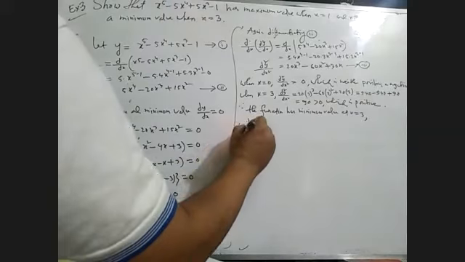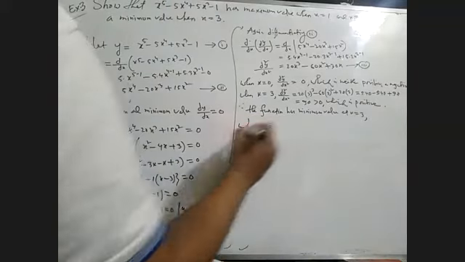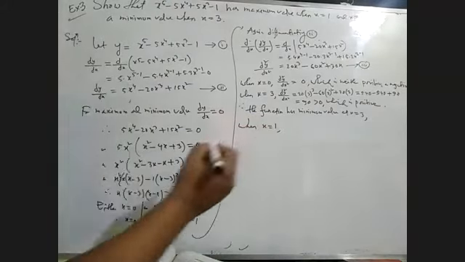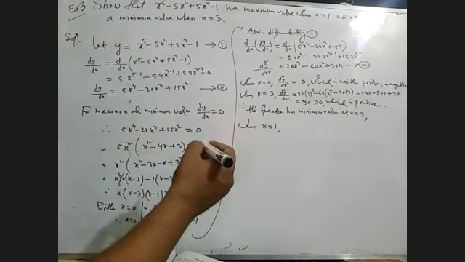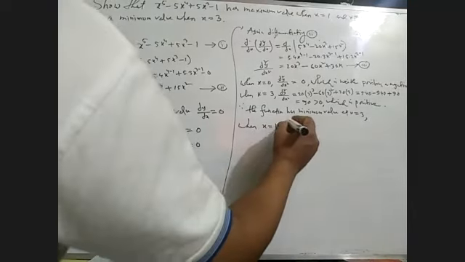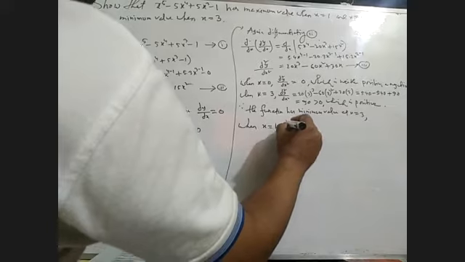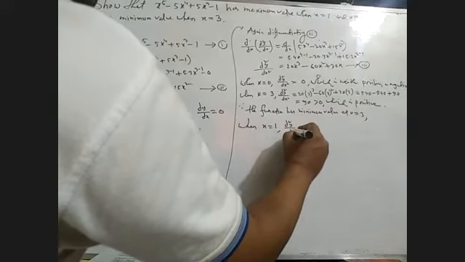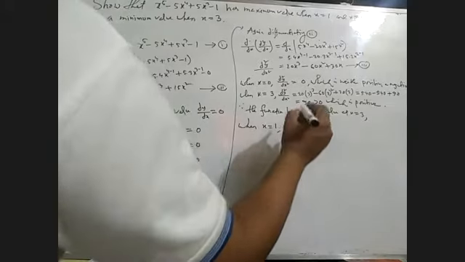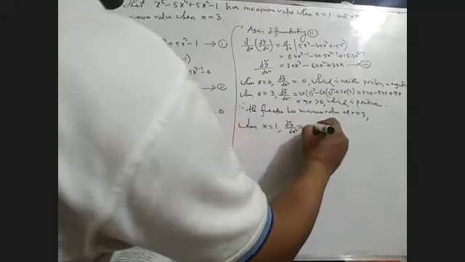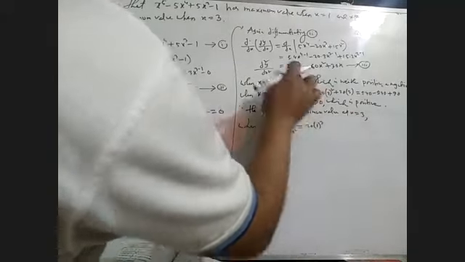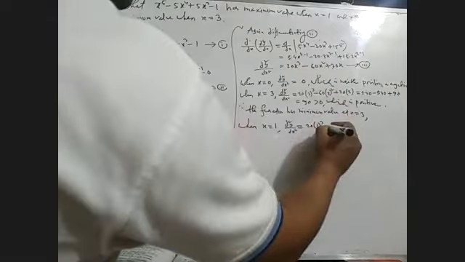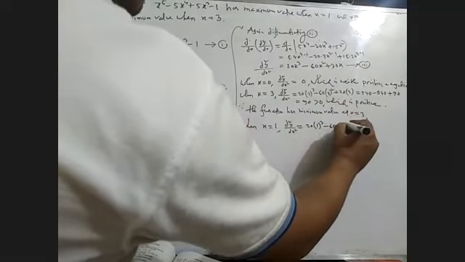Again, when x equals 1, d square y by dx square equals, just putting x equals 1 here, 20 minus 60 into 1 square plus 30 into 1.